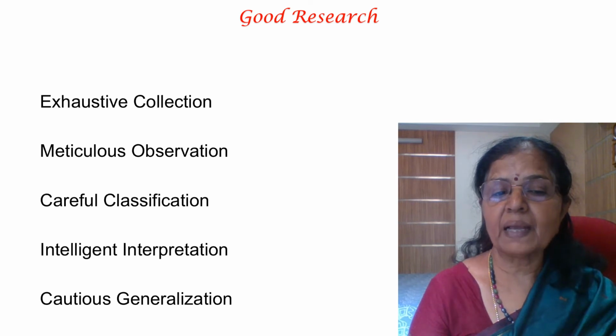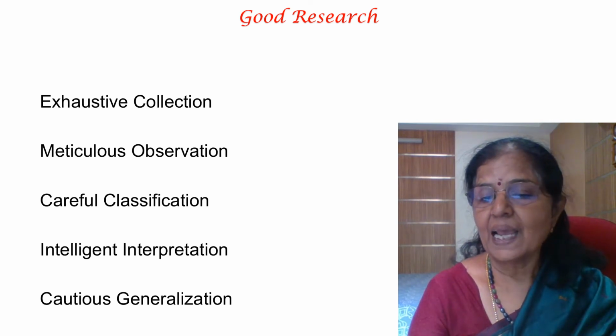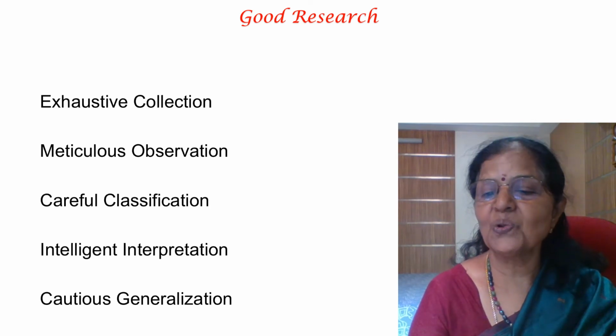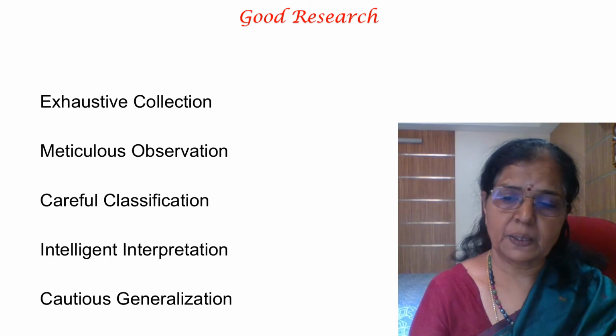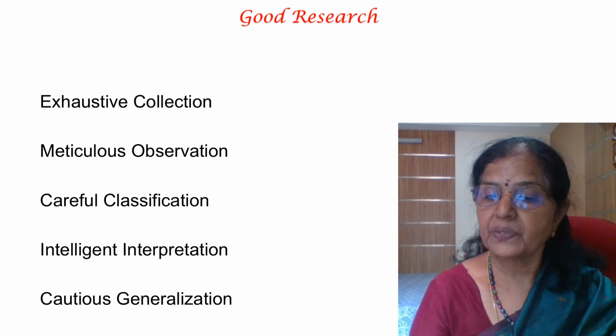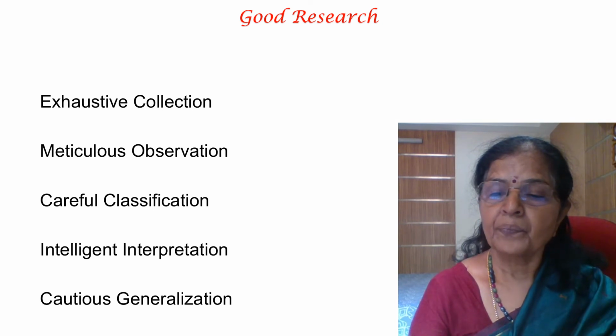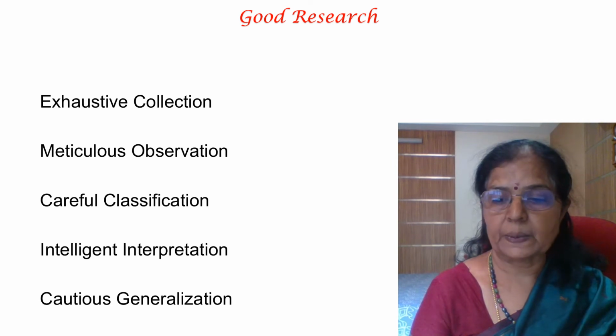And then classification, how should it be done? Careful classification. Any classification, as you all know, involves careful work. It involves a tremendous amount of work and care. What is classification? You are going to put similar things together and separate dissimilar ones.